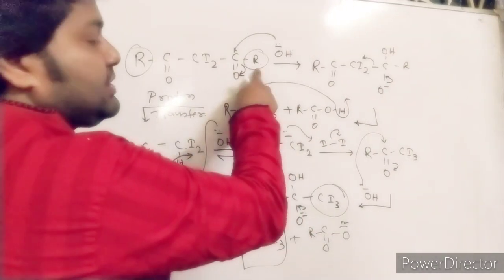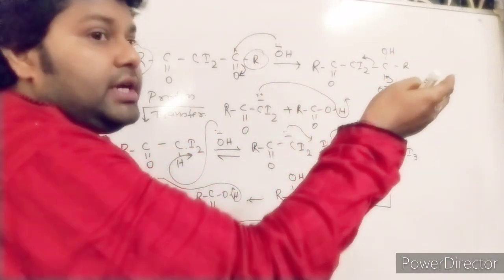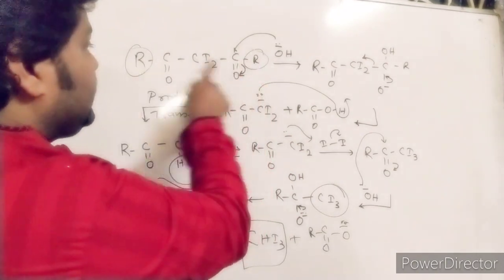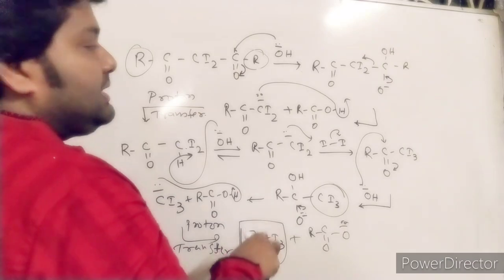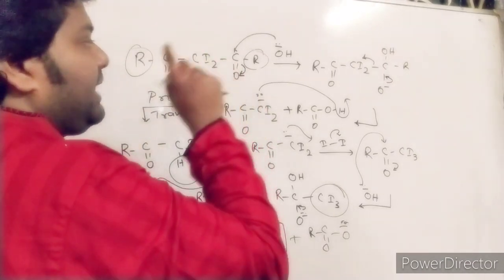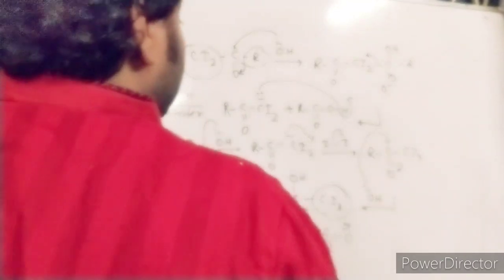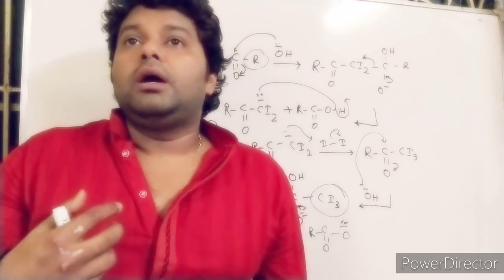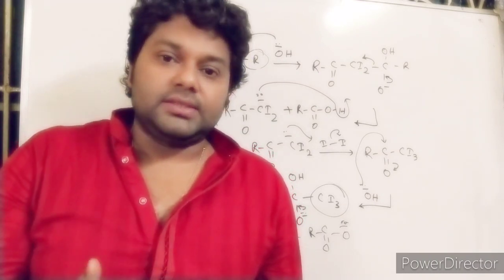Generally, if it is COCH3, this CH3 group is actually converted into CHI3, but here it is not. Even if CH3 groups are in these two R groups, they will be intact till the end, and whatever iodoform or haloform we get will be from this area. Making sense? So this was a case where we cannot see a keto-methyl group, and we have the idea that it will undergo haloform reaction.